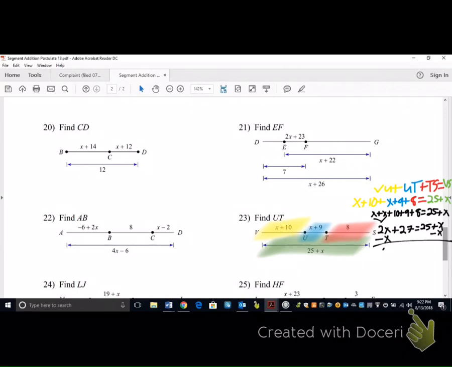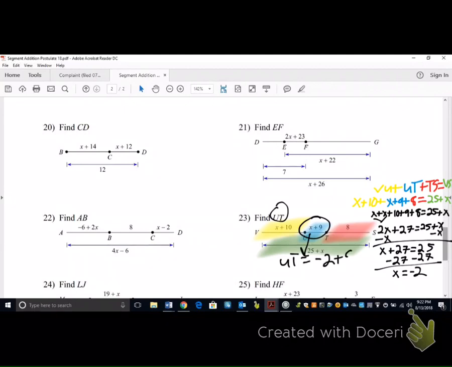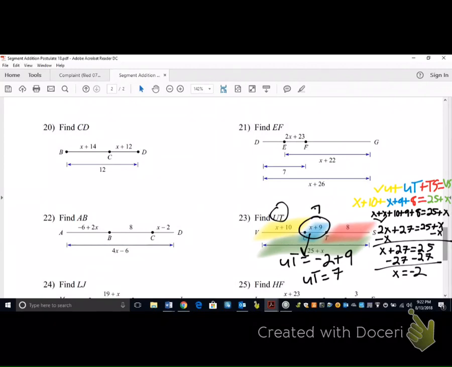Subtract x from both sides, and we get x plus 27 equals 25. Subtract 27 from both sides, and we get x equals -2. We need to find the distance from U to T, so we plug -2 in for x, and we get U to T equals 7.